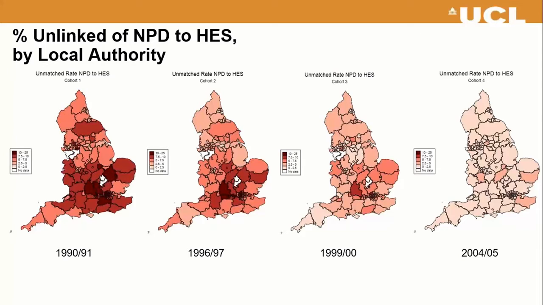We observed that the link rate improved over time across all local authorities. In particular, linkage rates in London, the East of England and the Southeast are lower than in the rest of England, but in general, we observe a consistent improvement over time and across local authorities.